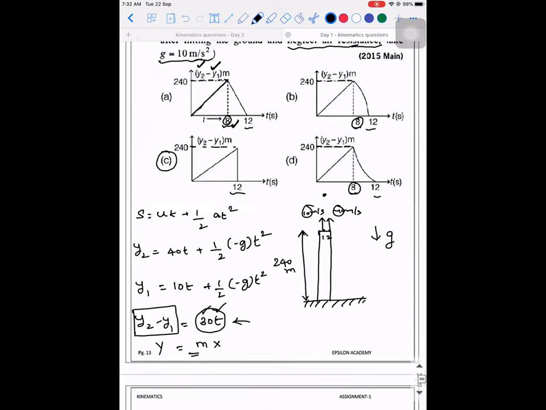240 meters. Now what exactly is happening between 8 seconds to 12 seconds? Can you tell me?